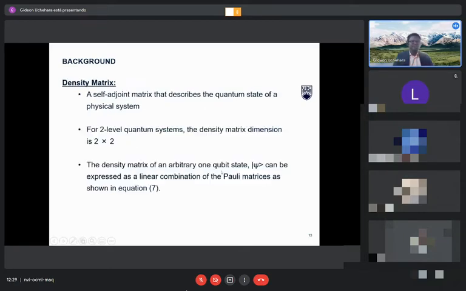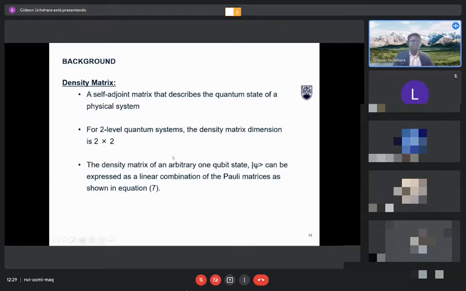Another thing that I would like to introduce is the density matrix. The density matrix is very important because it forms the background for what we'll be building on. It is an alternative way to represent the state of a qubit or a quantum system.